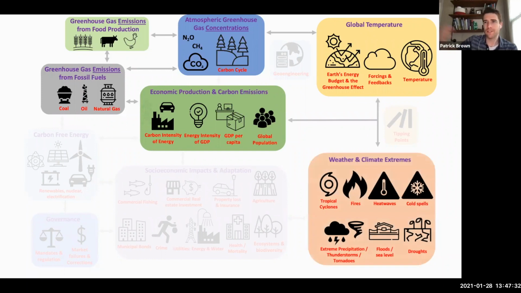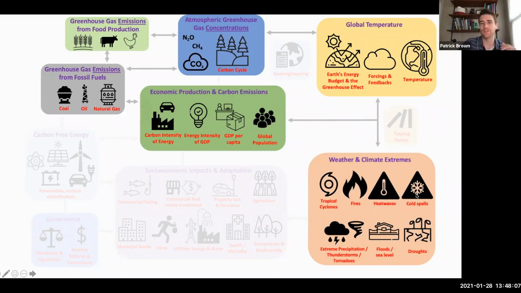And so that increase in global average temperature then affects all sorts of weather events. In particular, we worry about things that we call extreme weather events. For example, wildfires in California are probably the biggest, most salient example of an impact from increasing temperatures. But other ones that get talked about a lot are tropical cyclones or hurricanes, changes in extreme precipitation, changes in floods, sea level increasing, droughts, heat waves.